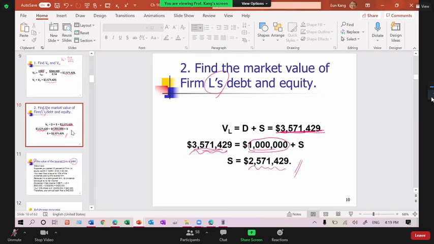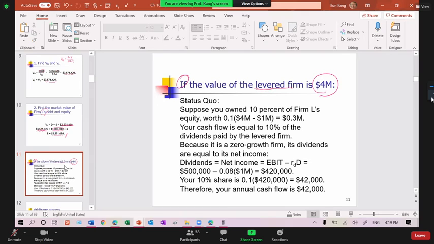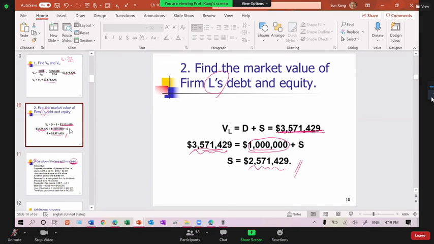To prove that, they say if the value of the levered company is 4 million, then the no-arbitrage proof is such that 4 million is higher than the right price, 3.571 million.